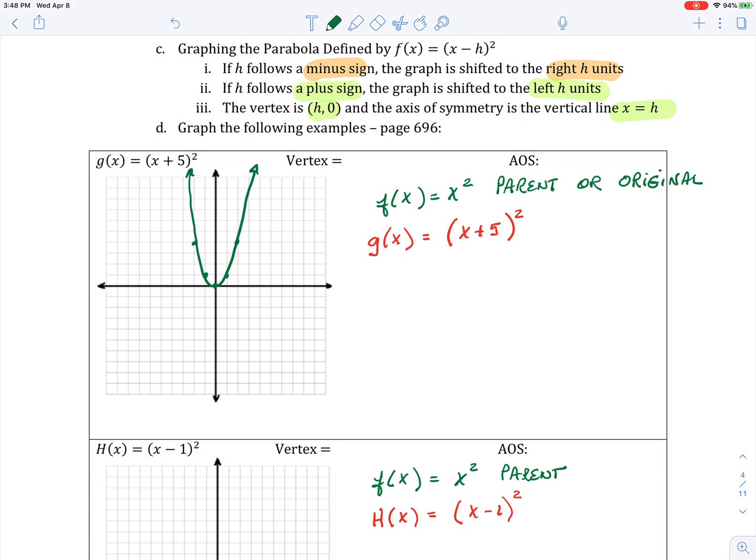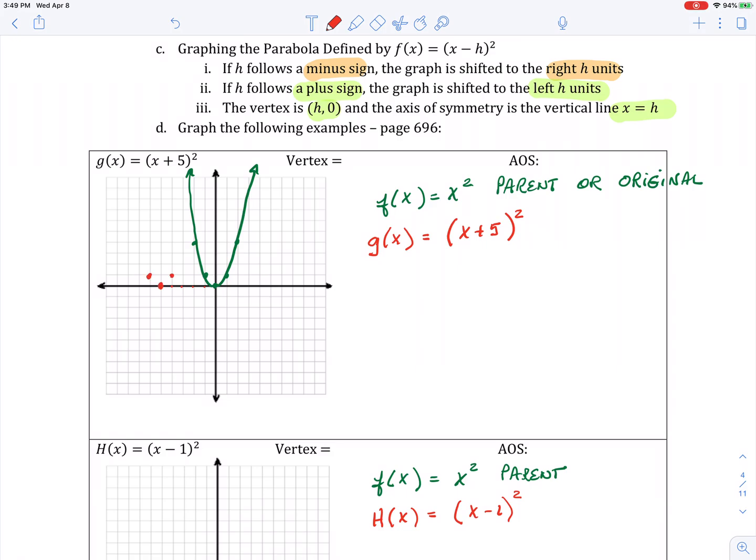All right, so there's my parent in green. Let me put the function g of x, g of x equals x plus 5 quantity squared. This is going to shift horizontally to the left 5 units. So 1, 2, 3, 4, 5.